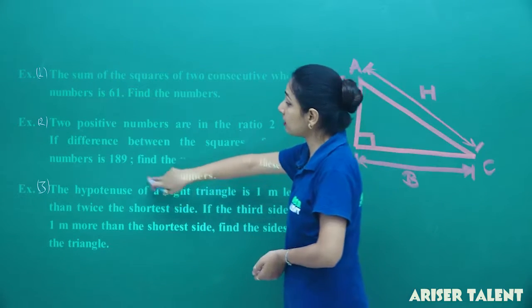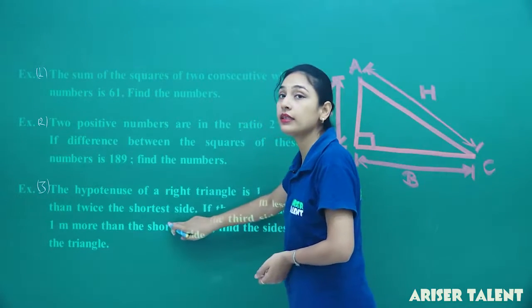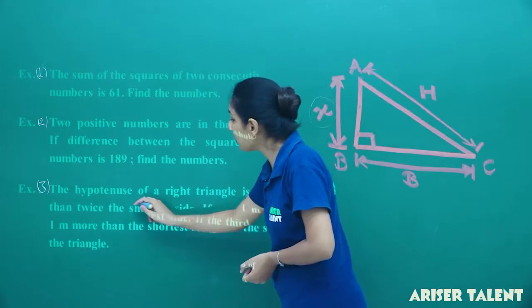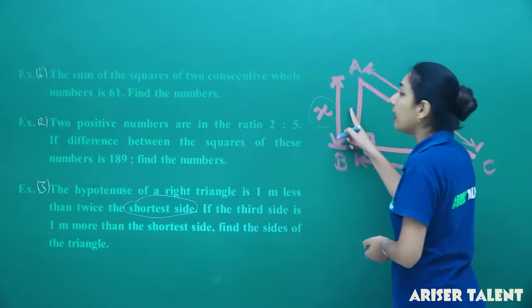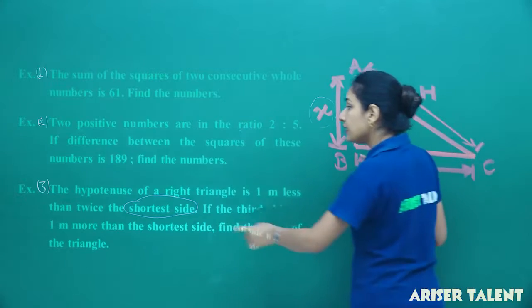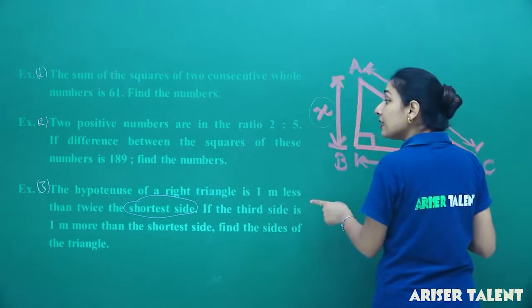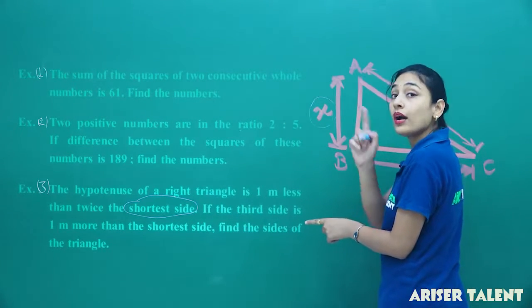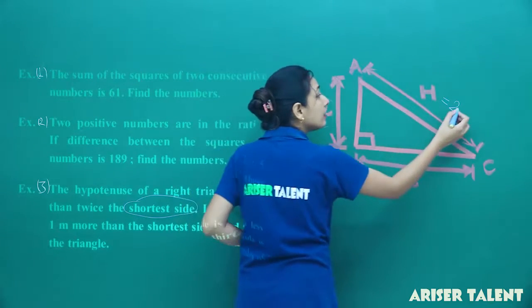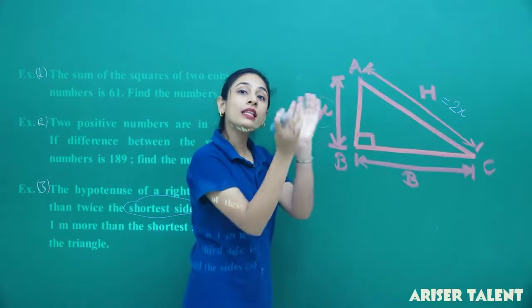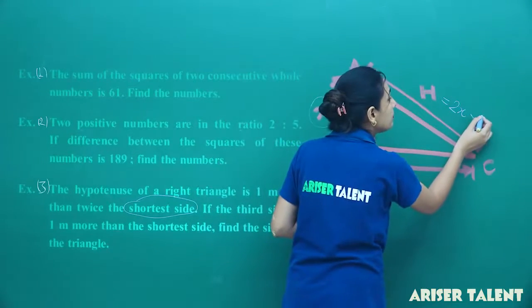So this side basically depends upon the shortest side length. So I am considering the shortest side length as x. Twice the shortest is 2x, and 1 less means minus 1.